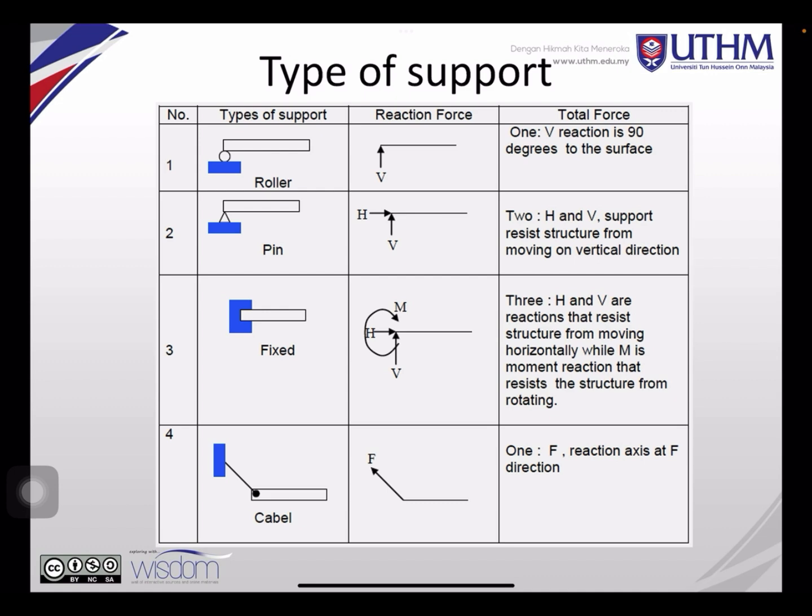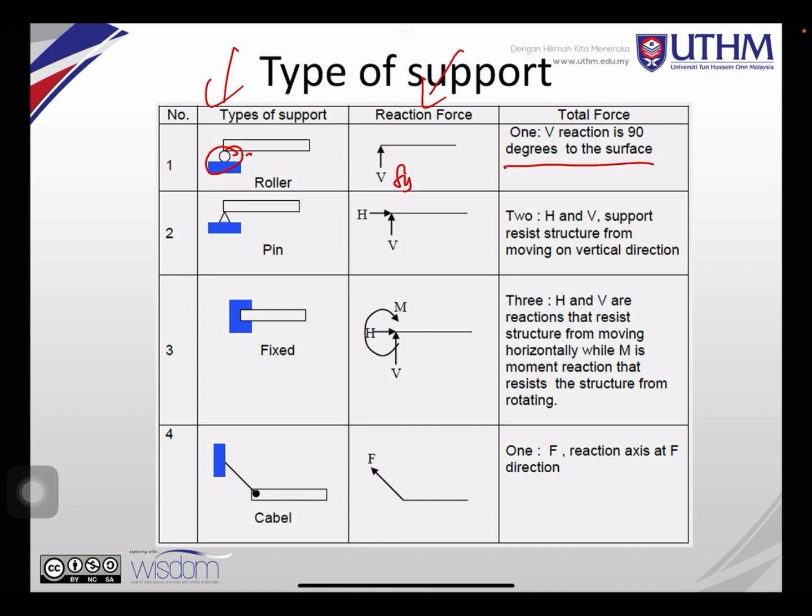So let's go to the types of support. When you see the example in this sketch, you will automatically know what the reaction forces are for each support. So number 1, you can see you have a roller. Roller is in this shape, the round circle shape, so you have only V, which you can also call Fy.